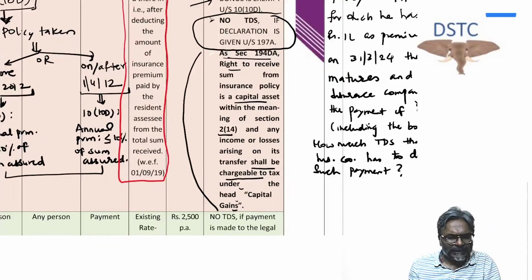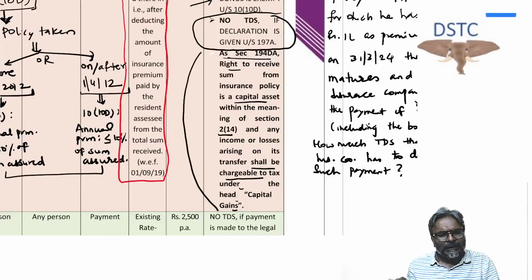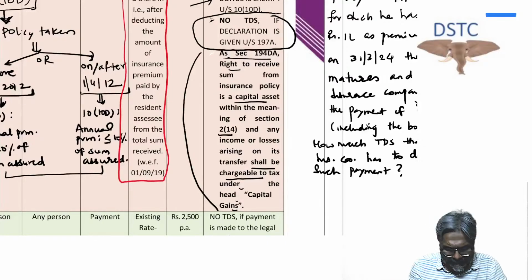That's the reason why we are doing this section under the capital gains category. So whatever amount you are receiving from the insurance policy will be chargeable under the head capital gains. So that's precisely the point.